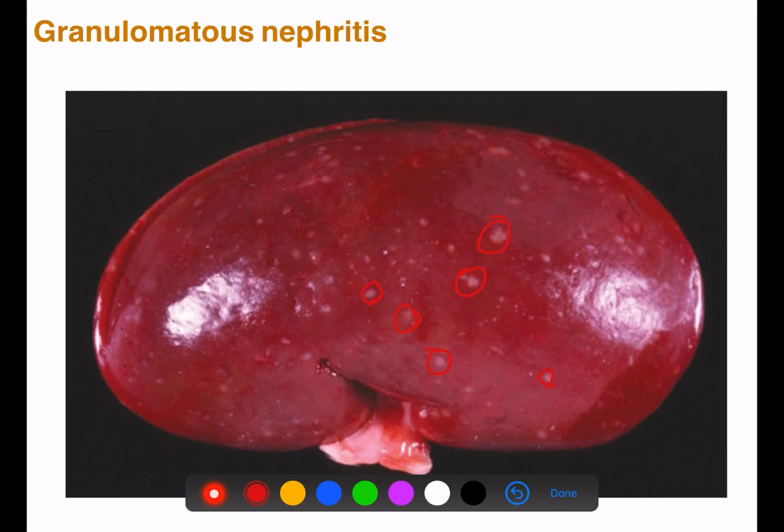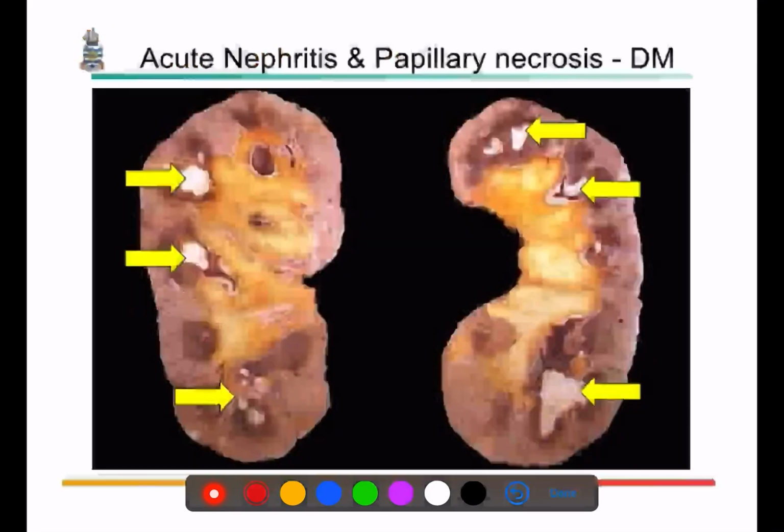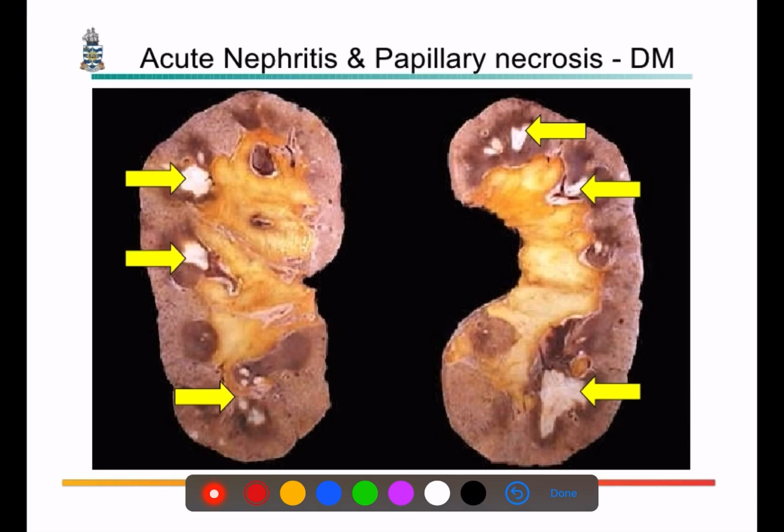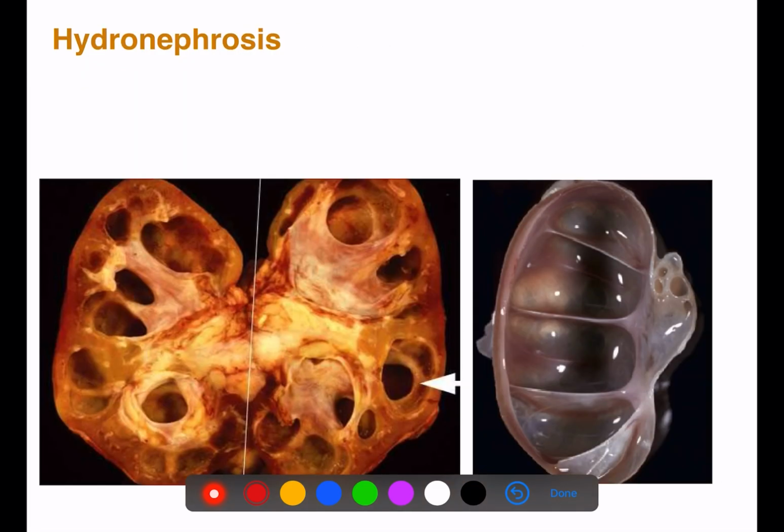There is a special type of inflammation which occurs within the kidney. It's called hydronephrosis. This type occurs due to obstruction.